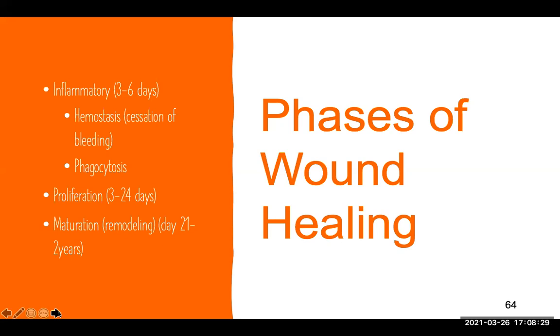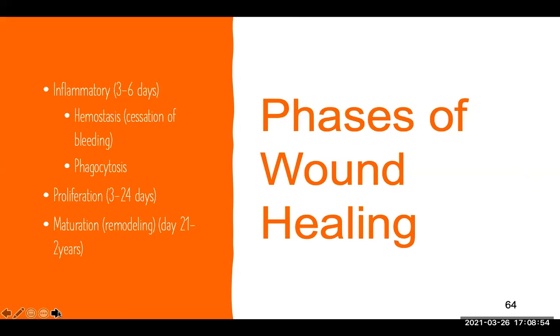Proliferation phase is the next phase. So after the first week or so, till about the end of the first month almost, is the proliferation phase. So proliferation is a key word. It's rebuilding tissue. So if we have a clean wound, the body's going to start rebuilding cells, skin cells or tissue cells.